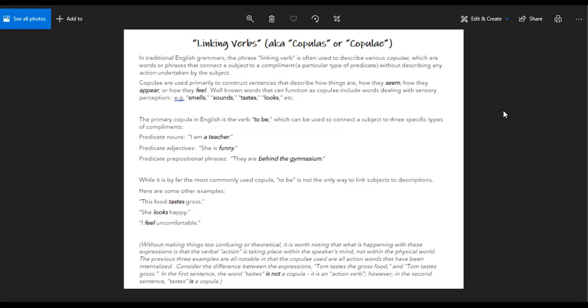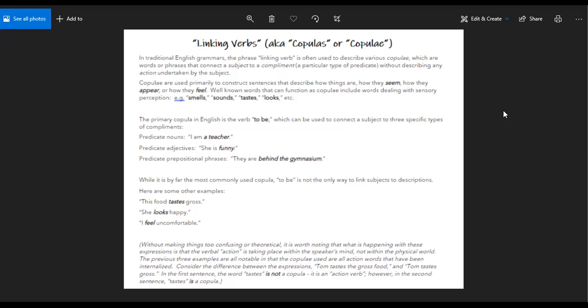So very basically, we use linking verbs as a way to describe what things are, how they appear to us, and what qualities they have. The big special distinction about linking verbs is they are verbs that do not describe an action being undertaken by the subject. So you can maybe think of some simple comparisons.